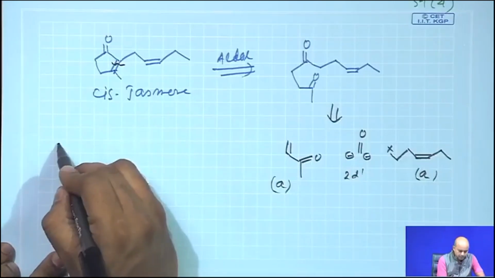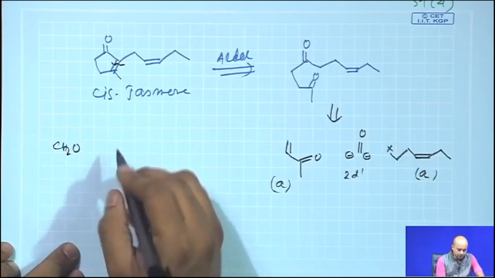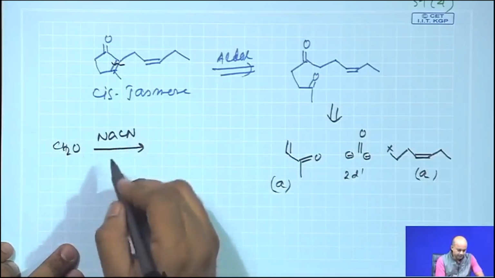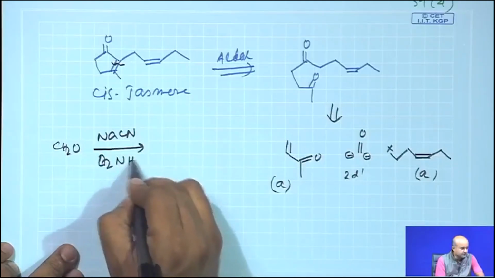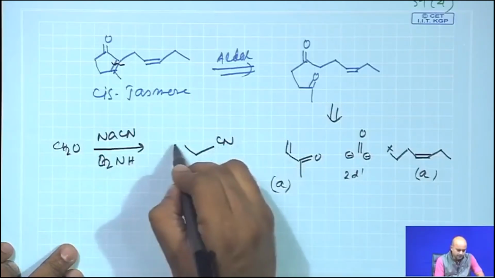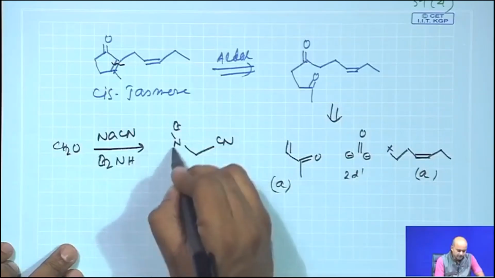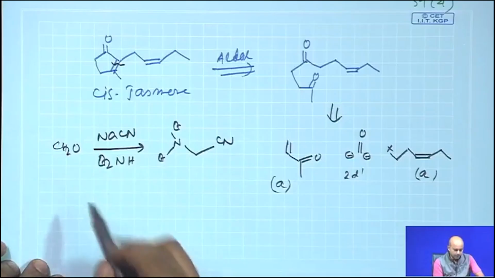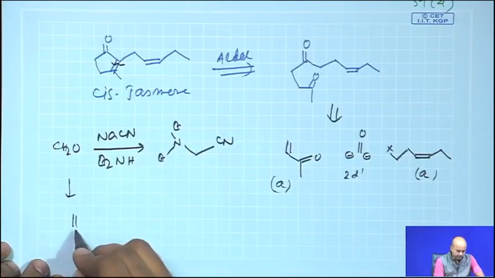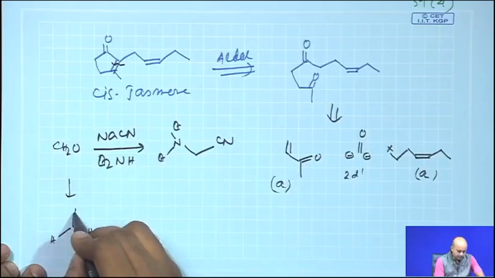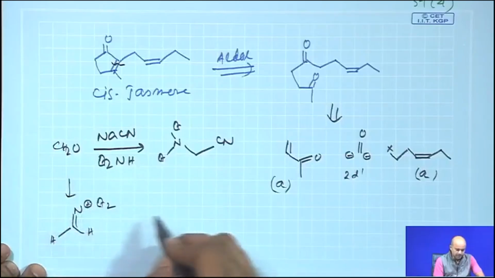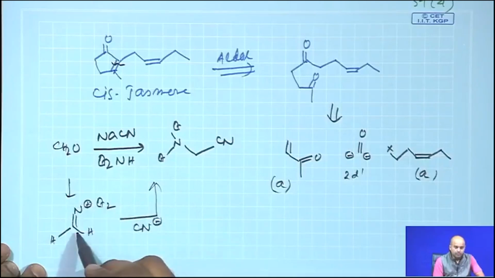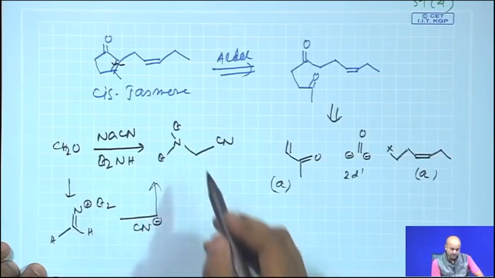Now, here we will try to disclose some other synthon. If you have formaldehyde, you react with sodium cyanide and with Et2NH. You basically get a compound named aminonitrile, NEt2. How do you get it? You first react formaldehyde with diethylamine, and you get this iminium. Then cyanide attacks the iminium carbon in a nucleophilic fashion, and you get this compound.